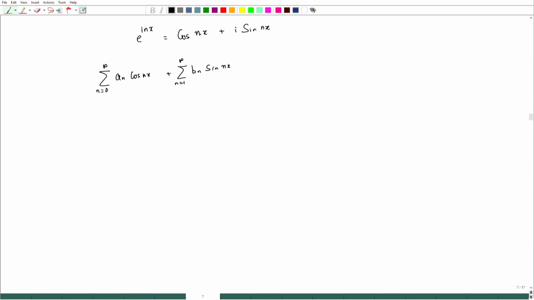This is the Fourier series of a function f, and this we can rewrite as 1 by 2 summation a n (e to the power i n x plus e to the power minus i n x), and then 1 by 2i summation n equal to 1 to infinity b n (e to the power i n x minus e to the power minus i n x).